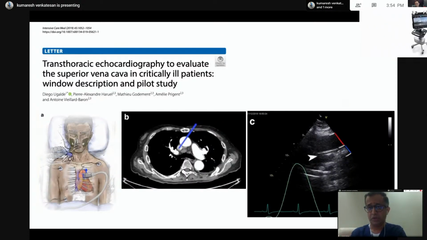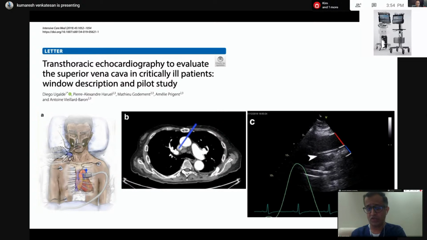Now, as we get good at ultrasound skills, there are other ways of confirming the catheter.